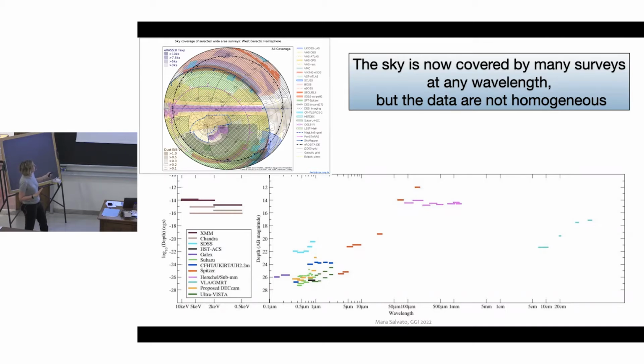Data that are here are extremely shallow, so they will see only the objects that are very bright. Objects observed with these filters, with this survey, are extremely faint and go farther away in time, okay? Good. So this is the background that we have. Now let's start to discuss the problems.